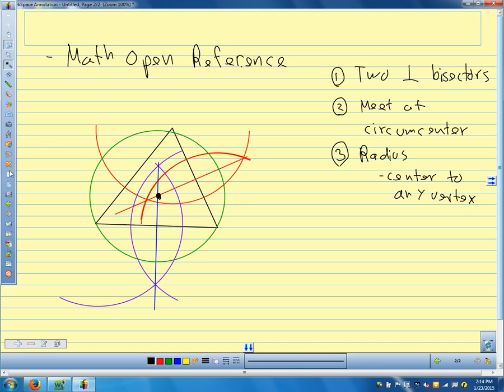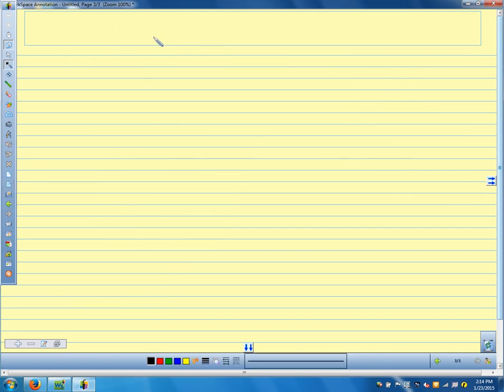Okay. The circumcenter can be inside the triangle. So if my triangle looks like so, my circumcenter is going to be inside.